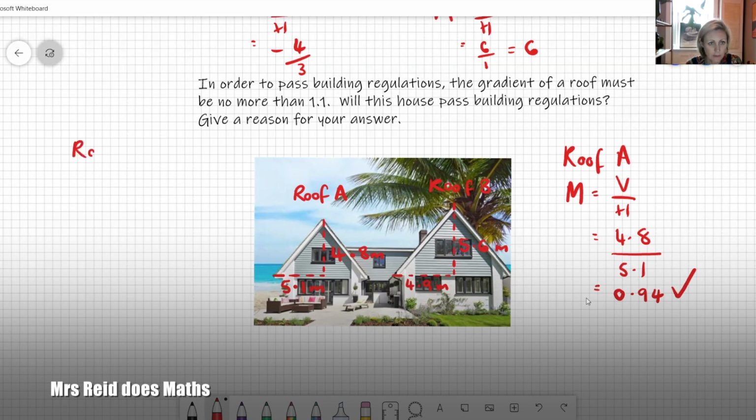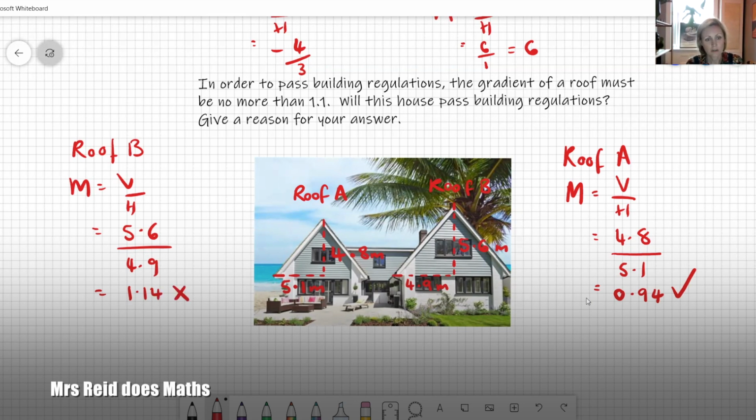Then I'll do roof B over here. Should probably have done them the other way around. The gradient is v over h, which is 5.6 over 4.9. 5.6 divided by 4.9 is 1.14, which is too steep.